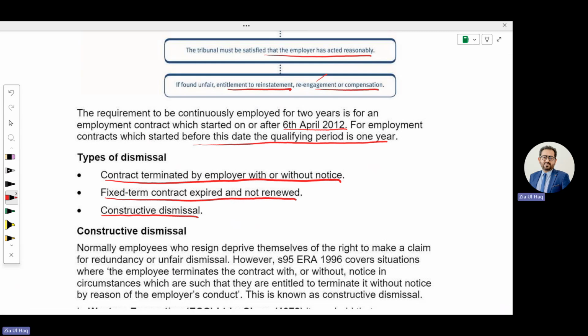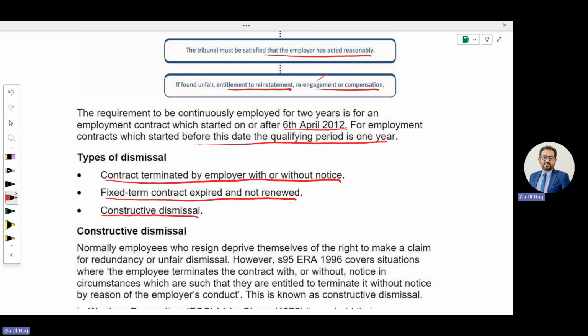If an employee were appointed to work at night, and the employer forces him to work in the daytime, whereas according to his contract he needs to work at night, and the employee resigns due to the wrong act of the employer, this is called constructive dismissal.